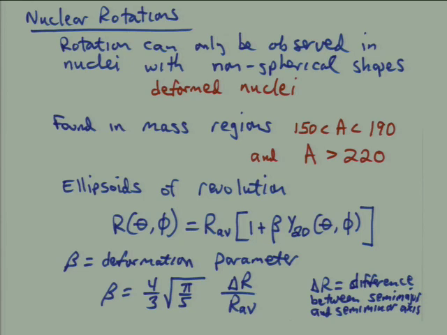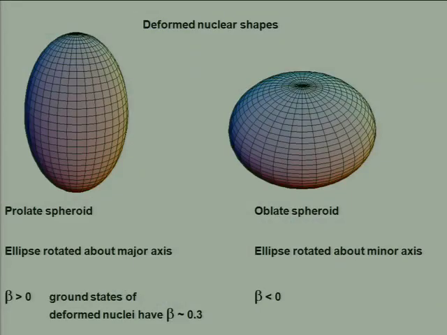So there's some average radius, and then again I measure the deviation from spherically symmetric in terms of these YLMs. And this quantity beta is what we call the deformation parameter. And again, in a second I'll show you the picture. And it's just a measure of how non-spherical the nucleus is. And again, don't worry about the formulas. The point is you can do these calculations quantitatively. We're just trying to give you a qualitative understanding here of what's going on.